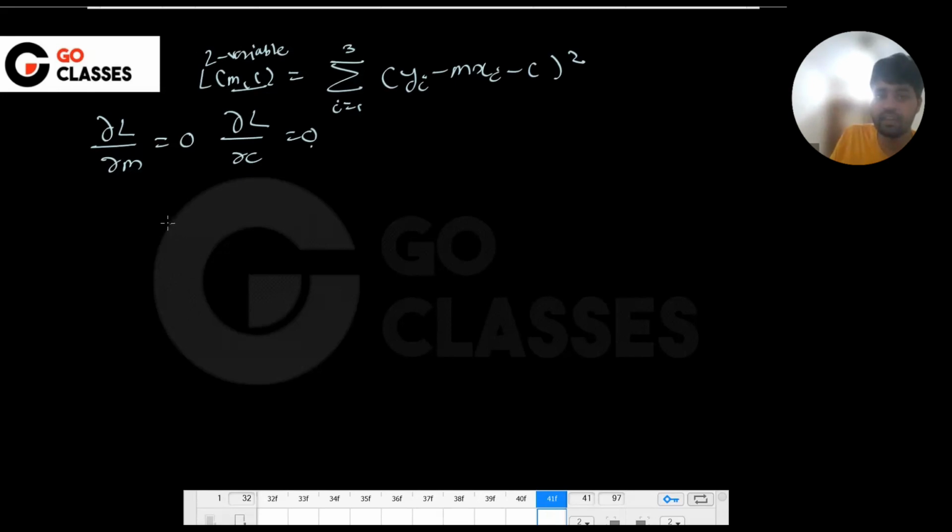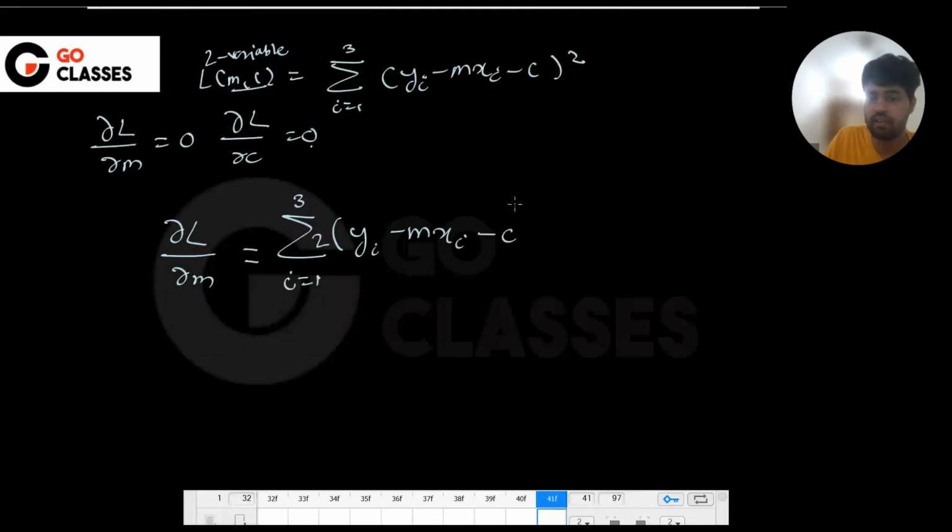So what we get is basically this. Dou L by dou m, again this is L of m comma c, I'm just not using the notation. The summation, i goes from 1 to 3, then you have 2 into y minus m x i minus c, into, since we are taking the derivative with respect to m, minus x i.